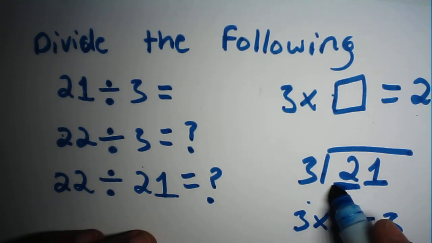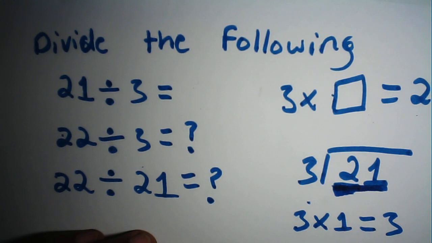So now we look at these two numbers, which would be 21. Now we ask, what number times 3 gives 21? If you didn't know, you would write out your times tables: 3 times 2, so 3 plus 3, which is 6. Add 3 more, that's 9. You do this all the way until you get to 7, and that would be 21.